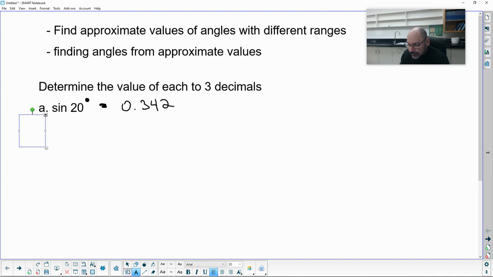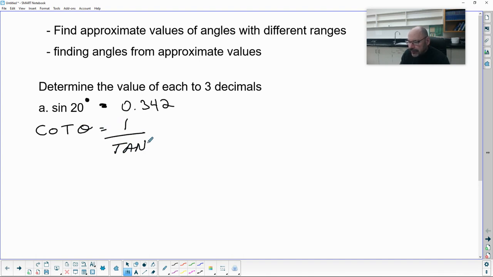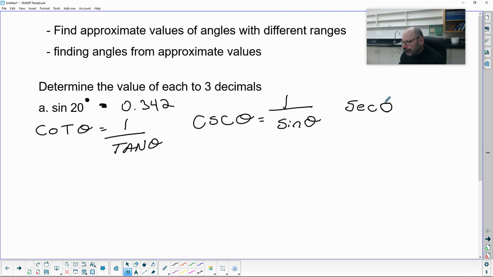Cotan is 1 over tan. If you're trying to convert tan into cotan, you use that. Cosecant is 1 over sine. And secant is 1 over cosine.